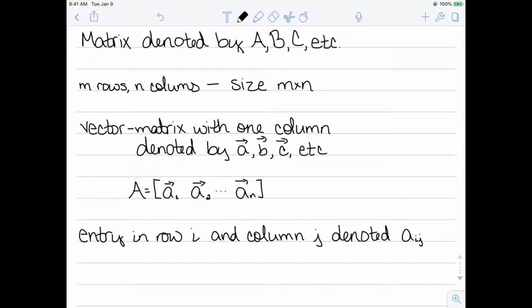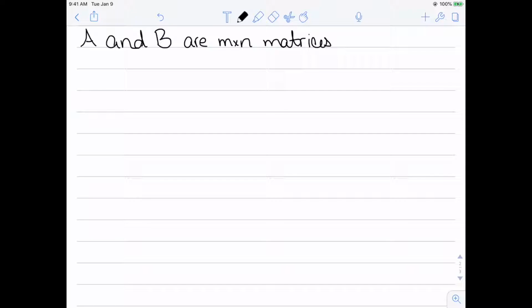So now that we've done my notation, let's look at actually adding and subtracting matrices. We'll start by assuming that A and B are two m by n matrices. So they do need to be of the same size. Then we can say that A plus or minus B is equal to a sub ij plus or minus b sub ij.